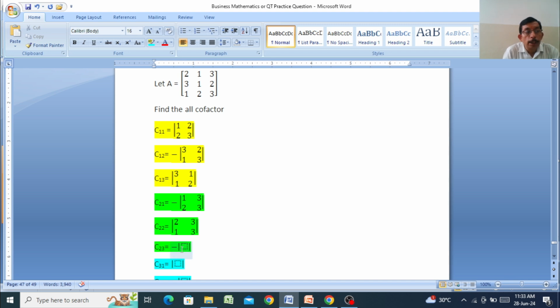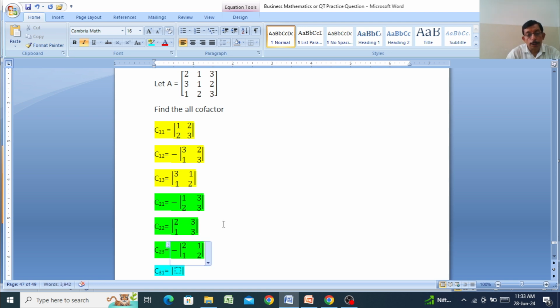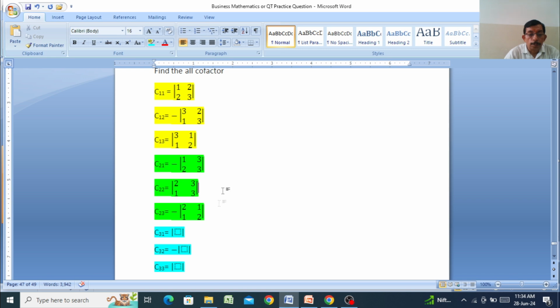Now C23. The second row, third column element is cancelled out, leaving 2, 1, 1, 2.